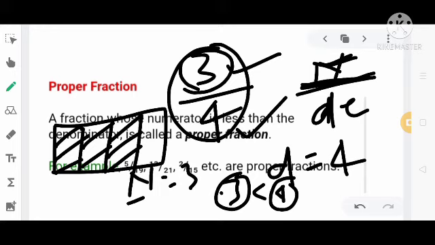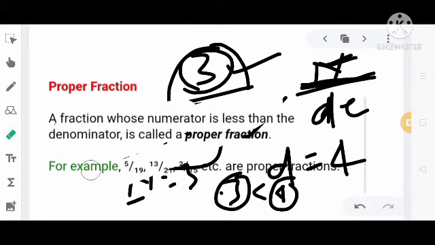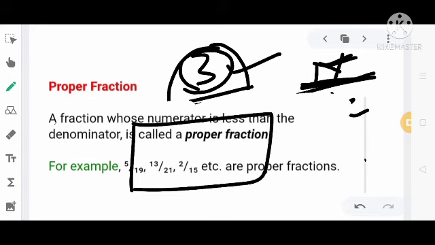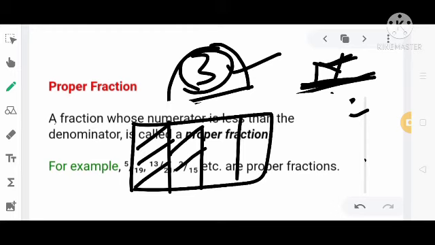But if I allow you to take 5 out of 4, is it possible? No. Suppose this is divided into 4 equal parts, and if I allow you to take 2 from these 4 equal parts, it is possible.